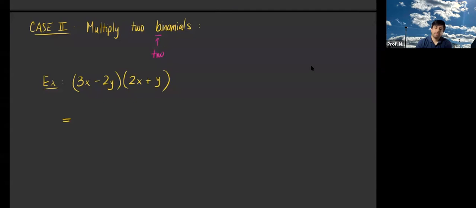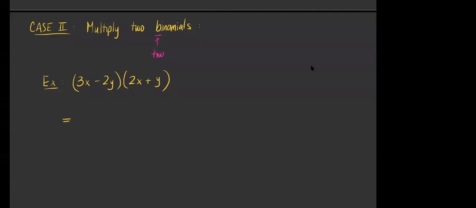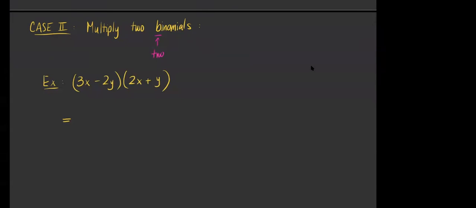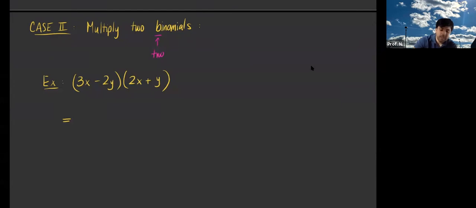And the next is going to be plus minus 2y multiplied by 2x, plus minus 2y multiplied by y. Very good. And do you know what that method is called? There's an acronym. Of course, we always write acronyms. It's the FOIL method.